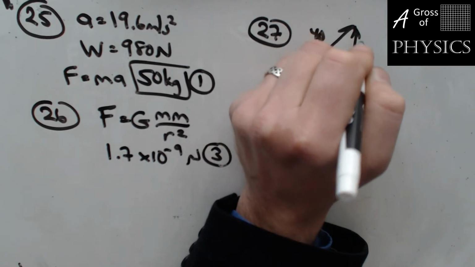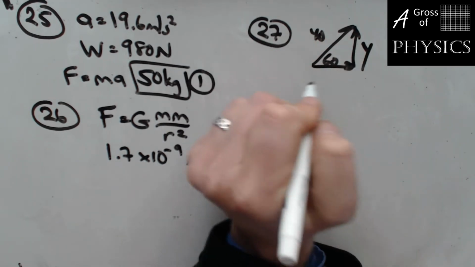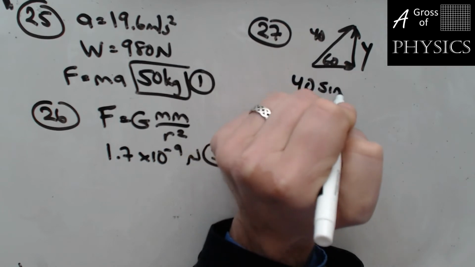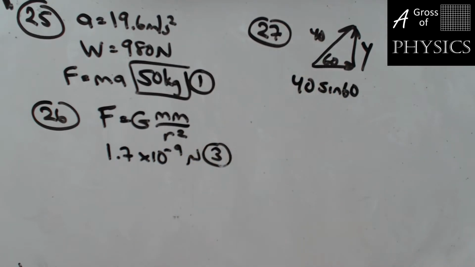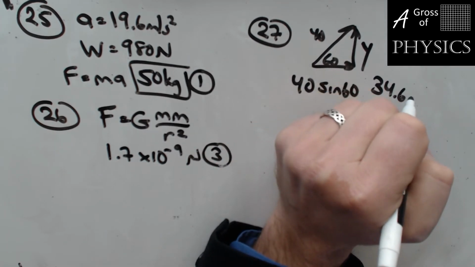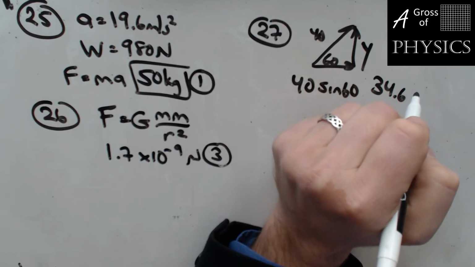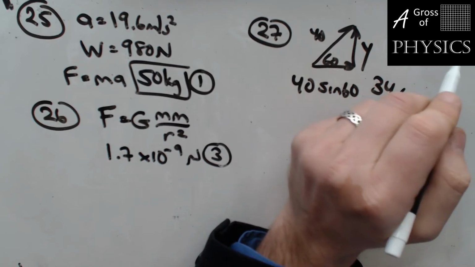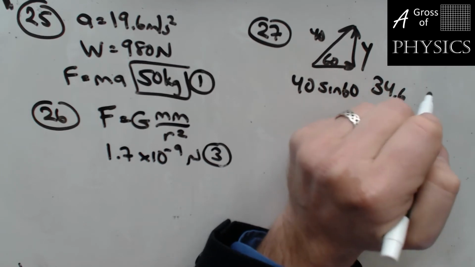I'm just looking at y here, which is going to be 40 sine 60. 40 times sine 60 is 34.6. That looks like 35. Yep, choice 1.